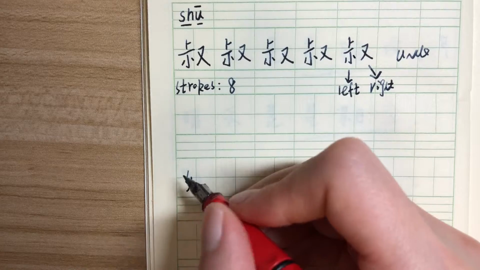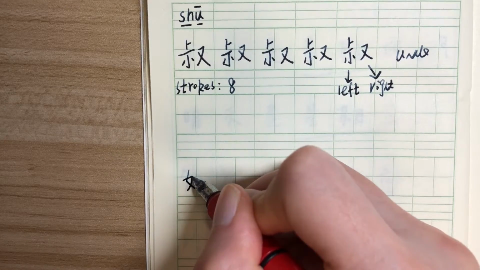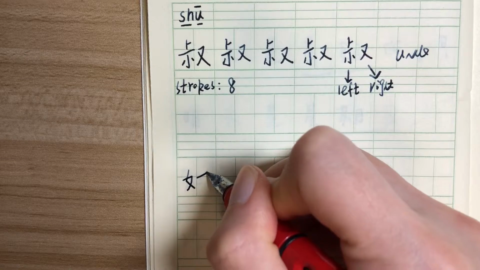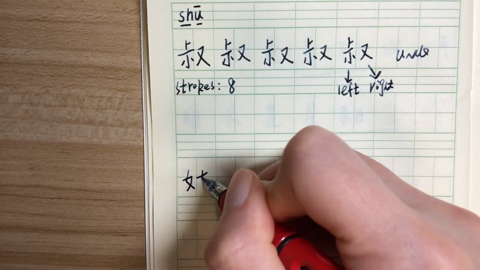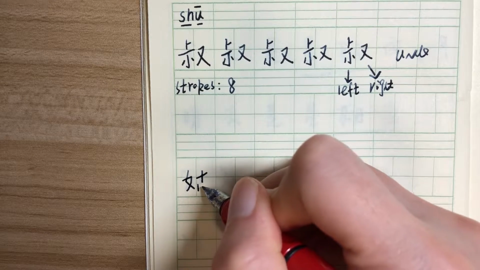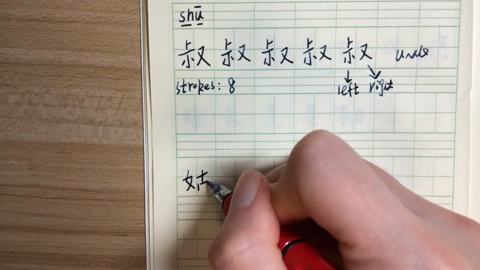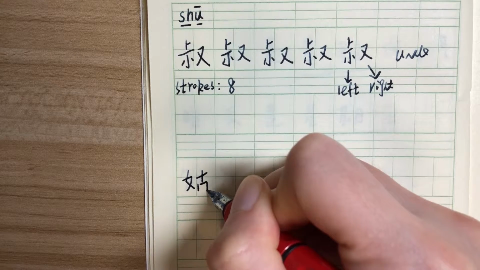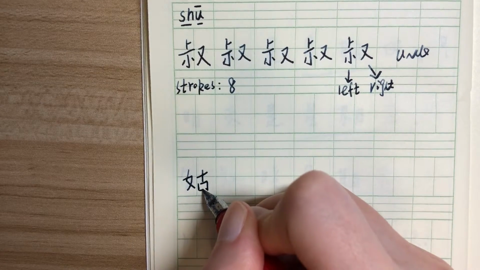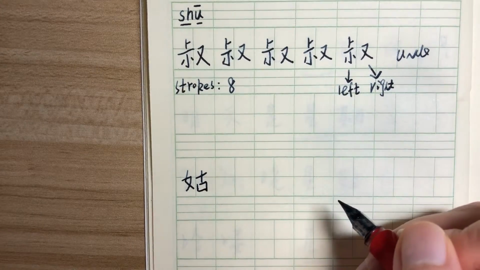Next is an upward stroke, like this. And then a horizontal stroke, a vertical stroke, a vertical stroke. And next is a horizontal stroke with a downward turn and a hook. Next is a horizontal stroke.